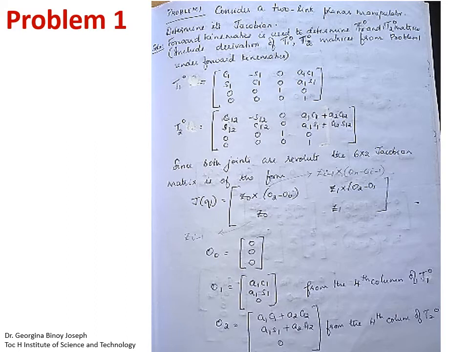So here is your O1: A1 C1, A1 S1, 0. That is what is written here. From the fourth column of T10, I get O1. Similarly, O2 can be obtained from the fourth column of T20. So O2 is A1 C1 plus A2 C12, A1 S1 plus A2 S12, 0. This is your O2.